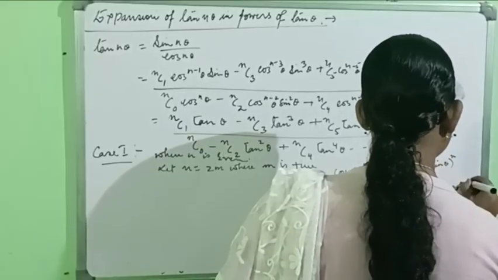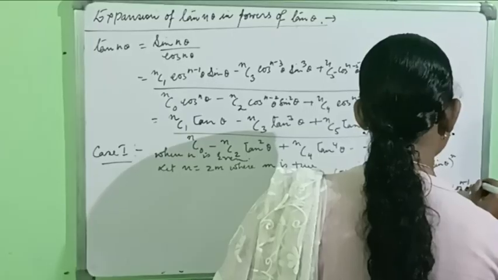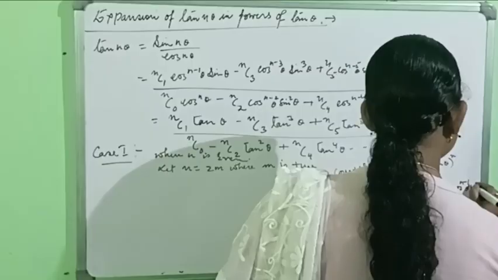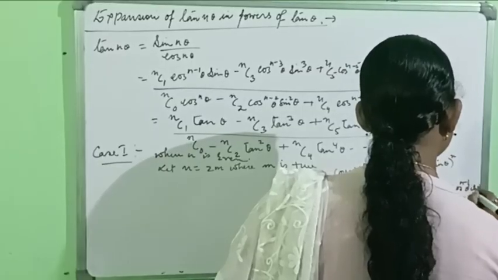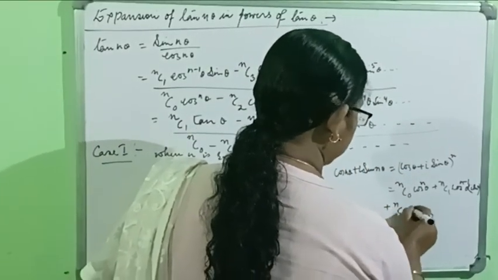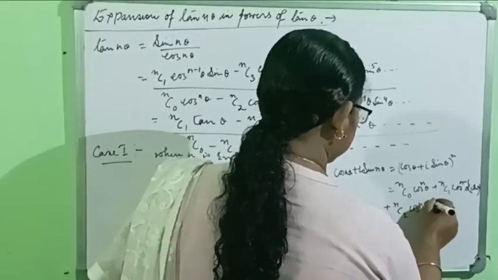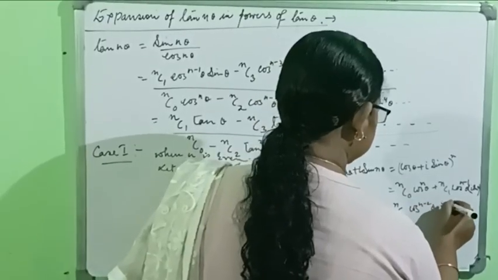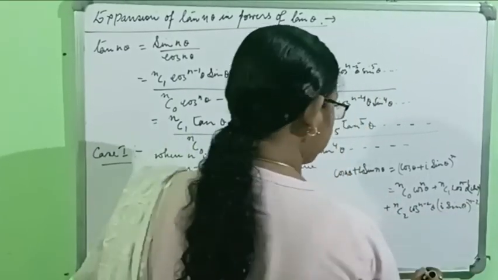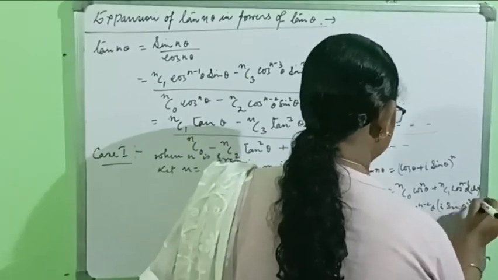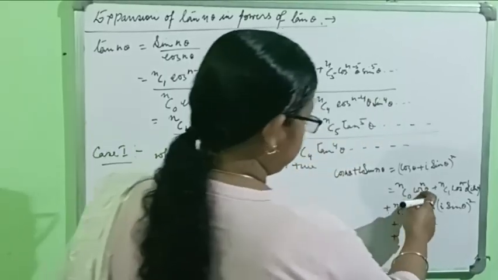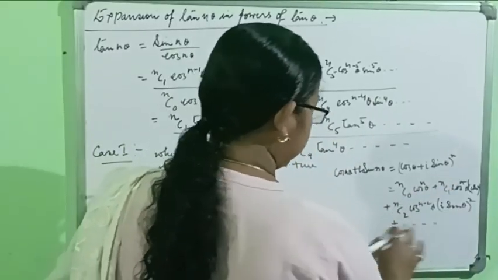This is cos^(n-1) theta times i sin theta, and nC2 cos^(n-2) theta times (i sin theta)^2, and it goes on like this. The power of cos decreases and the power of i sin theta increases.